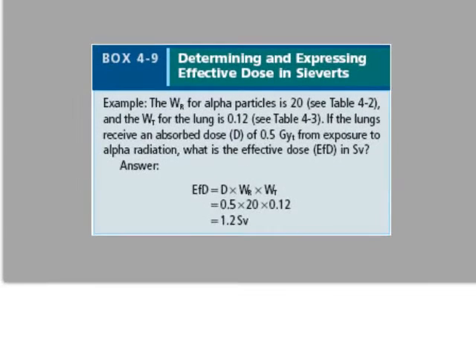So you can see here's an example of a problem. We're given an area of the body and a weighting factor for the tissue, as well as the absorbed dose in gray. What is the effective dose? And so we have to multiply that dose of 0.5 gray times the weighting factor for the radiation times the weighting factor for the tissue, and that gives us an approximation of what the dose was for, in this case, the lungs.